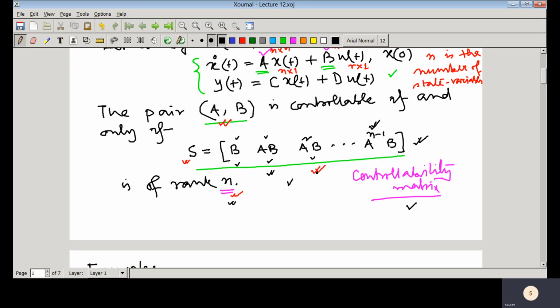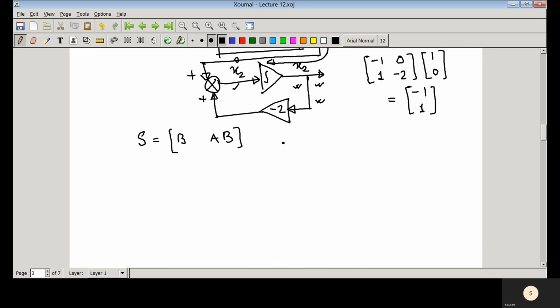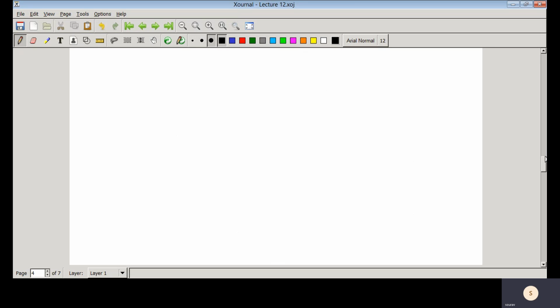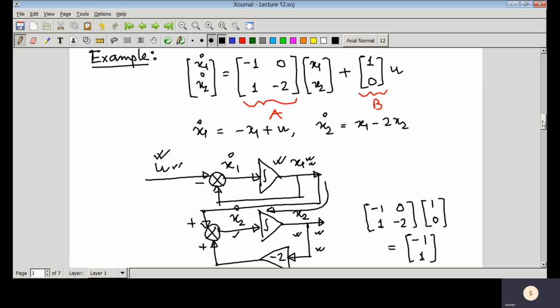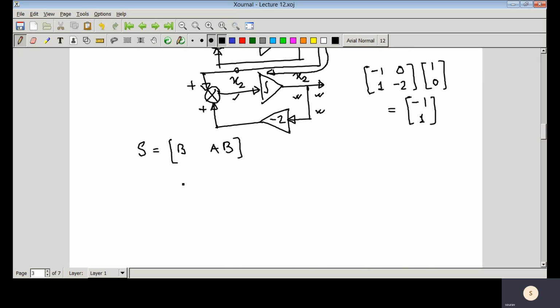If it were 3, we would go up to the third term. So B is [1, 0] and AB equal to [-1, 1].